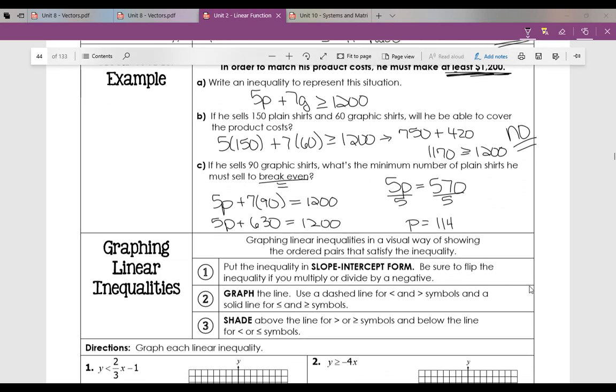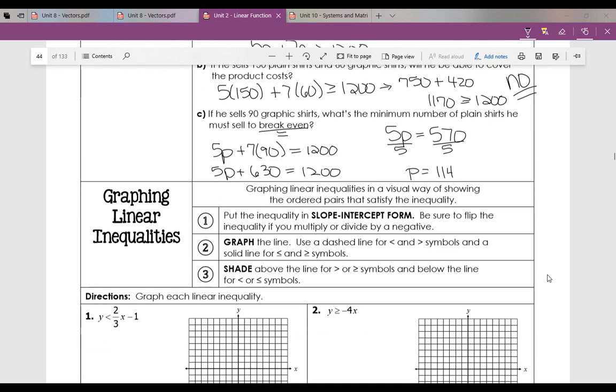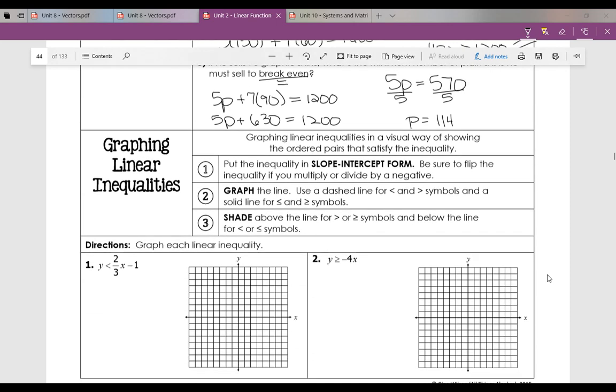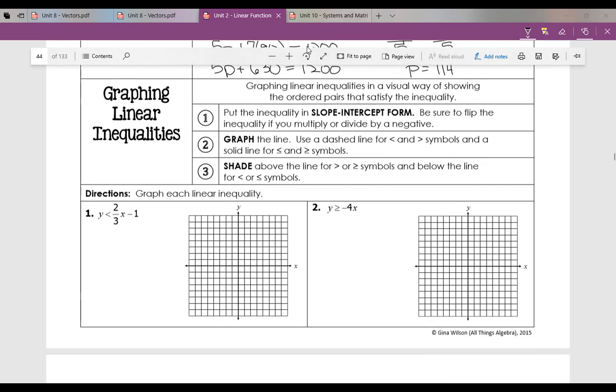Absolutely not. Now, to get into the graphing of the singular linear equation or inequalities, okay, we are going to put each inequality in slope-intercept form. Just in case you forgot, that's y equals mx plus b. That's slope-intercept form.